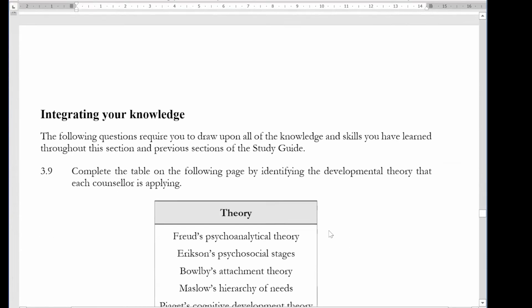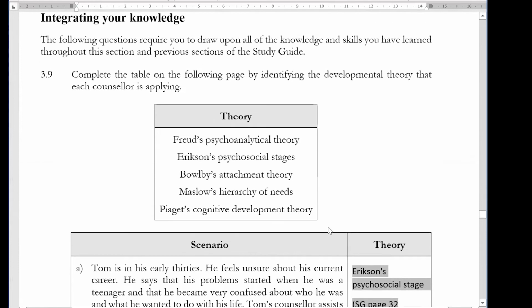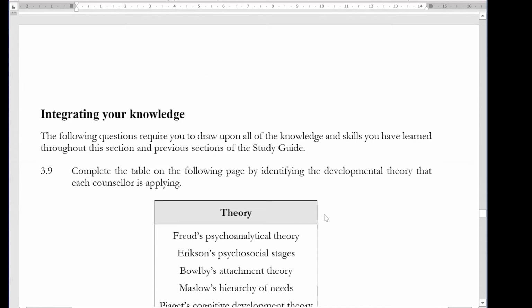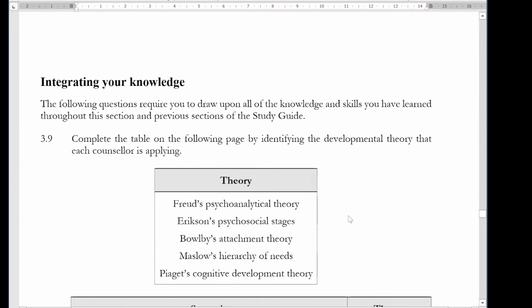Okay. Now go to 3.9. Integrating your knowledge. The following questions require you to draw upon all of the knowledge and skills you have learned throughout this section and previous sections of the study guide. 3.9.